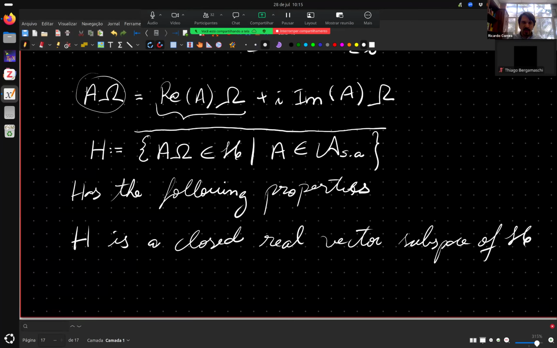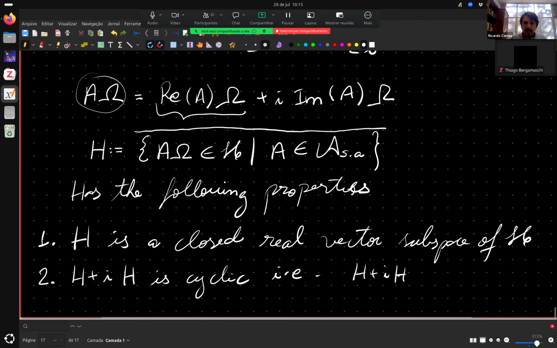Even though my Hilbert space is complex, it's not complex anymore. Second thing, H plus iH is cyclic. And what I mean by cyclic is that if you take H plus iH and take the closure, it's the whole Hilbert space. And third, it has the following property.